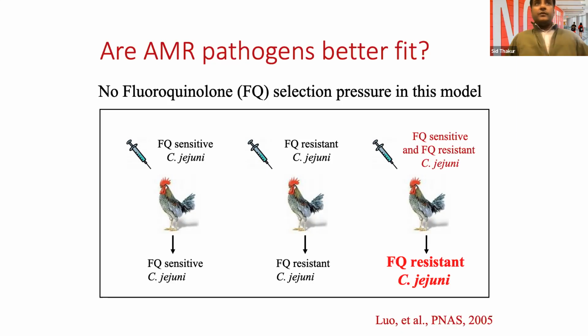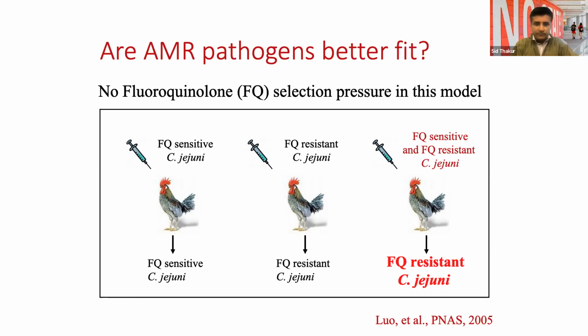This is very important. Keep in mind, there is no antimicrobial pressure in this model. It's not like the feed had antimicrobials, nothing. It's absolutely clean. The only thing added were these different strains of Campylobacter, one with resistance, one without resistance.